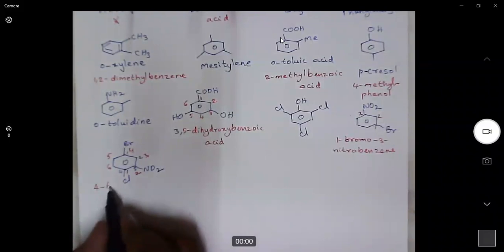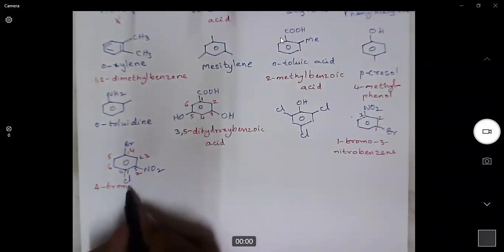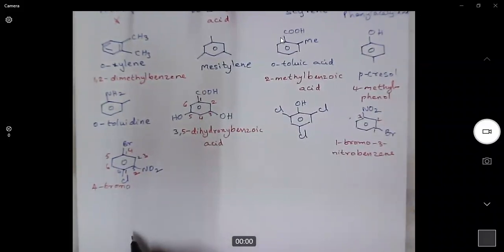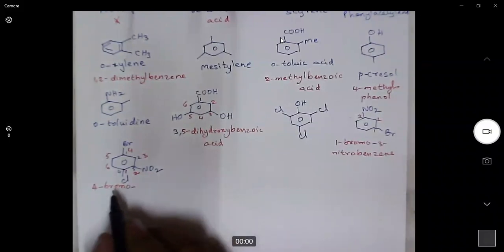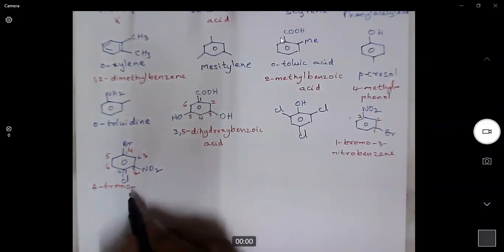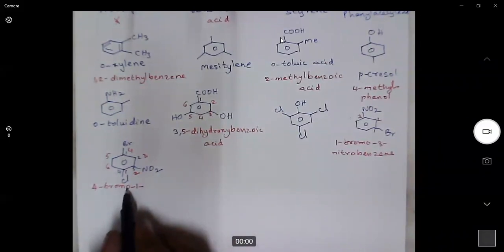So the first letter is B. So 4-bromo. Then we must separate a letter and a number with a hyphen. So we must separate 1 and the letter C with a hyphen.